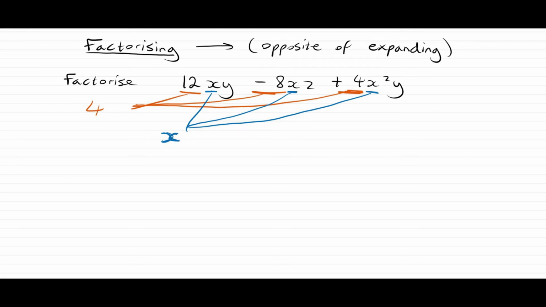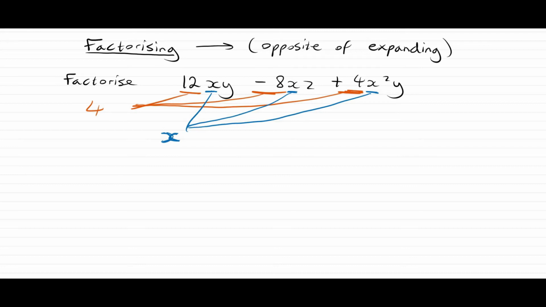Now you're probably thinking, why can't I take out a y? Why not? It's because that minus 8xz is missing a y. This bit is missing a y, so we can't take out a y, unfortunately, okay? So that's not going to work. And we can't take out a z because the other two don't have a z in them.